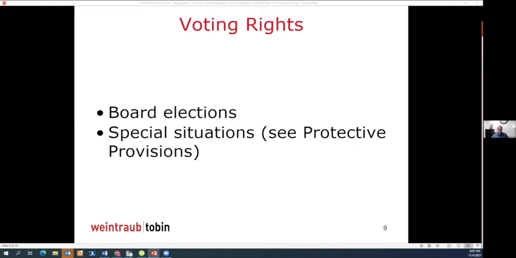Part of what these voting rights get to is that they allow the preferred shareholders to have an outsized control over the board, right? They may be able to select a majority of the board, or at least appoint one board member when they may not be able to do that, depending on the relative number of shares and all of that.